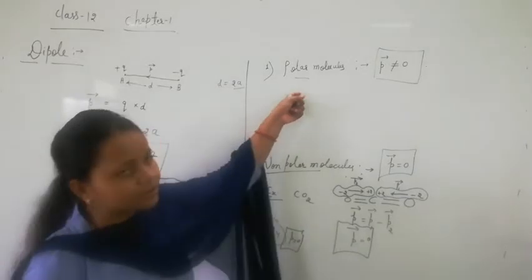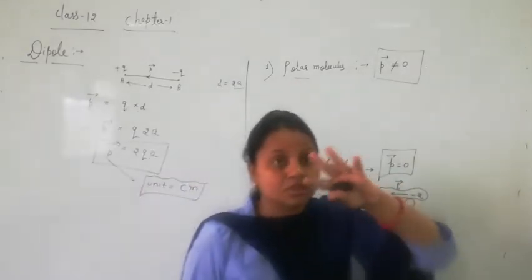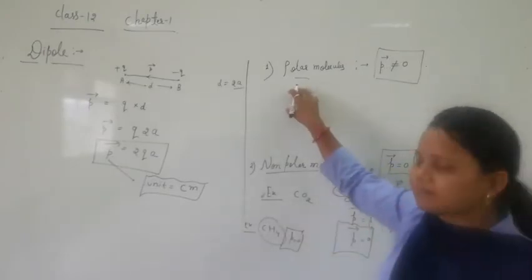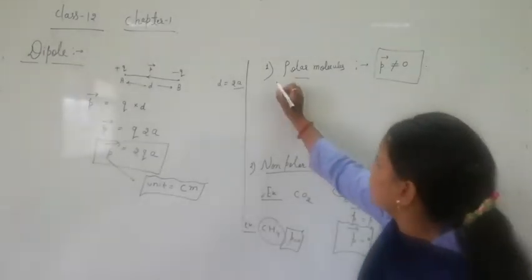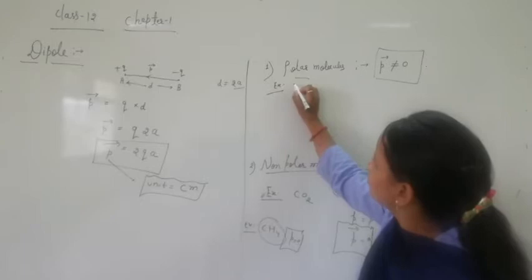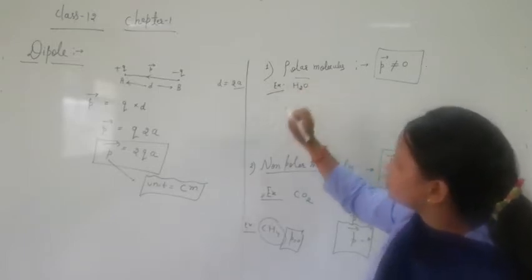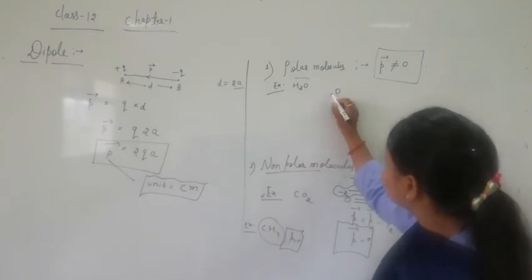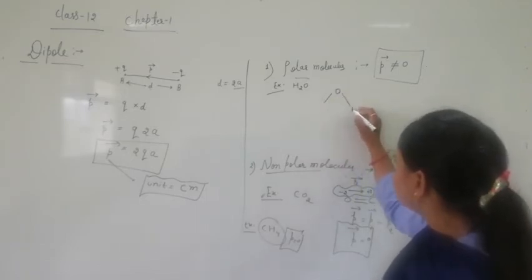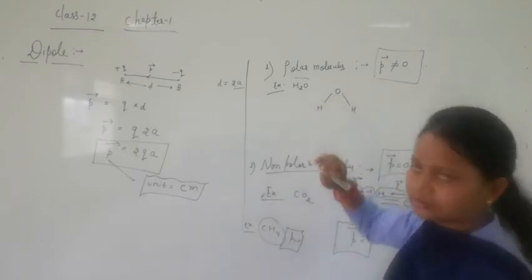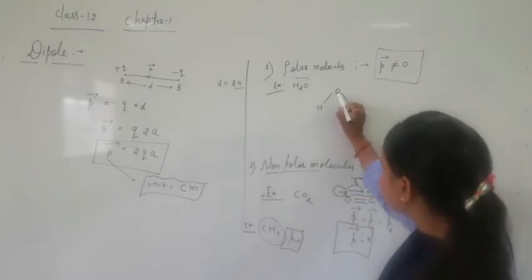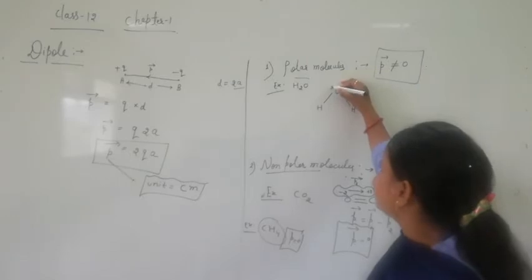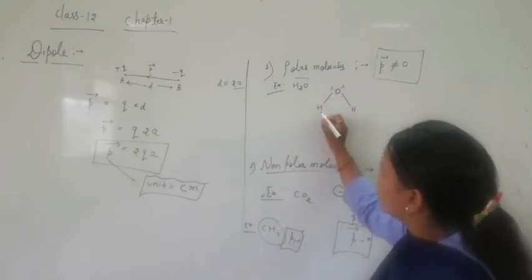Then what about polar molecules? The molecule which has a non-linear structure is an example of a polar molecule, like the water molecule, H2O. The structure of water is non-linear. Oxygen has minus 2 valency, then minus 1 and minus 1.